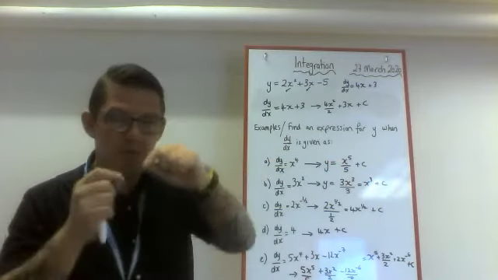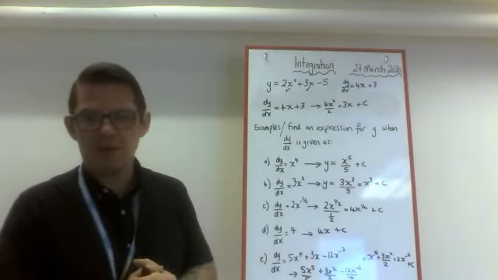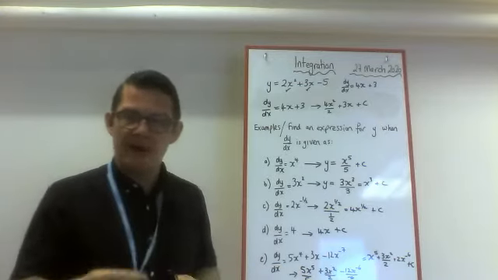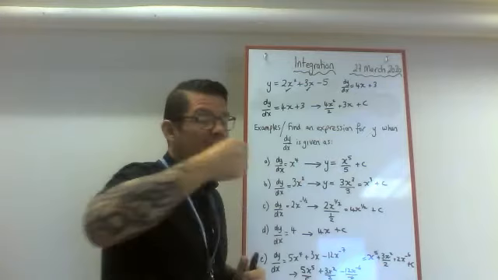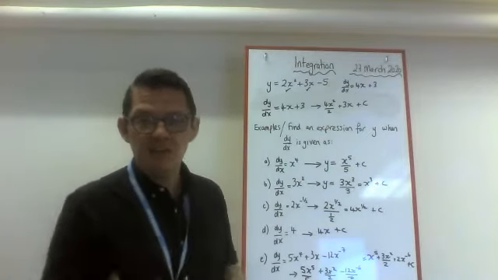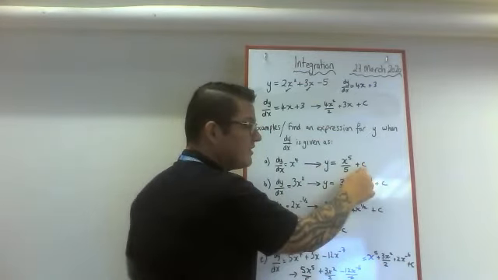So we just remember the rule. You add 1 to the power first, you divide by your new power next. They're the 2 steps. Add 1 to the power, divide by a new power. And then when you've finished integrating, you add c.